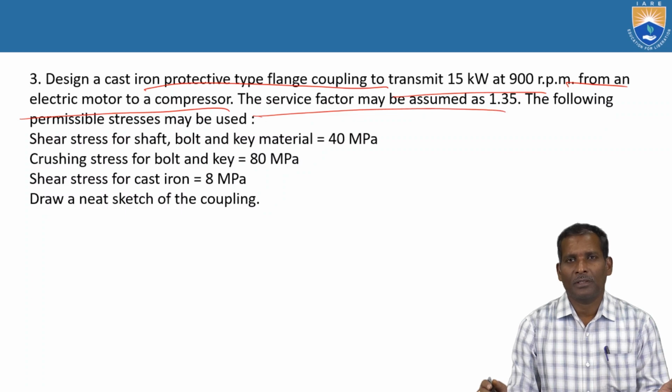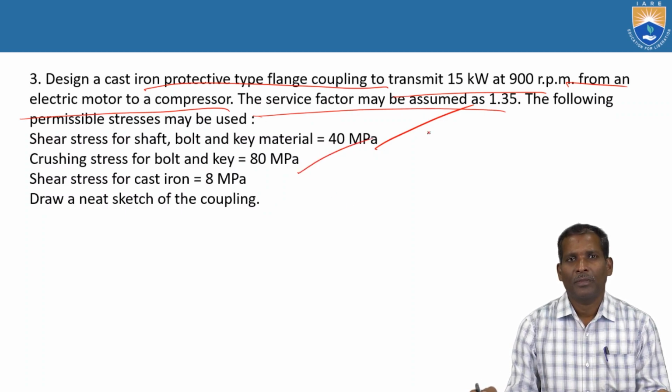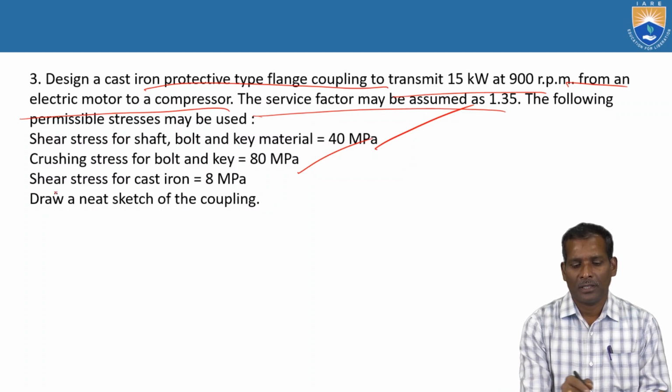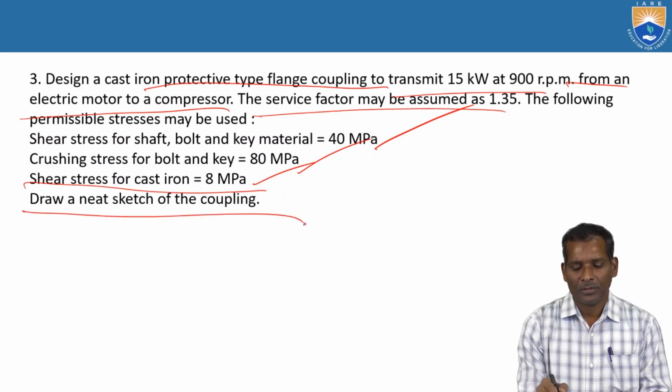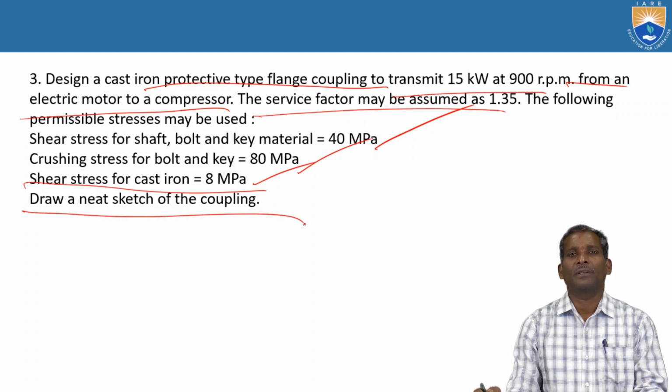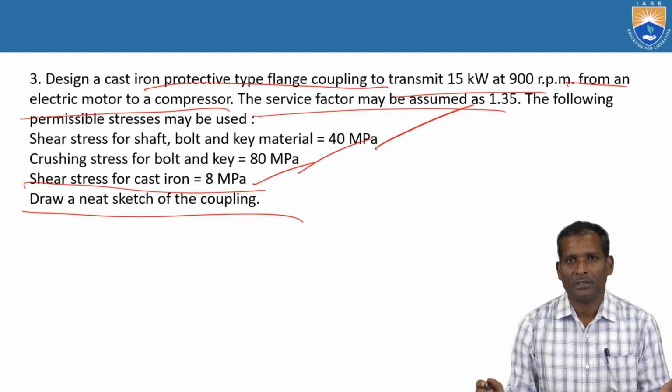The following permissible stresses are also given. The shear stress for the shaft, bolt and key material is 40. The crushing stress for bolt and key material is 80 megapascal, and the shear stress for cast iron is 8 megapascal. Also he has asked to draw a neat sketch of the coupling. After completing your design, you need to draw the complete sketch of the coupling with the calculated values.